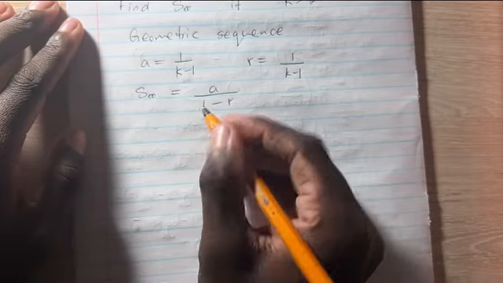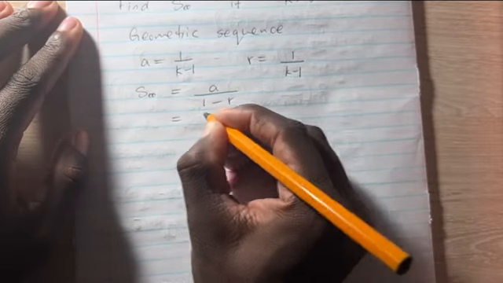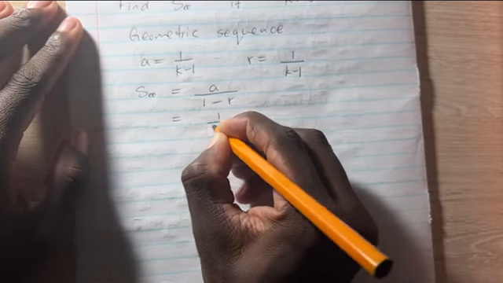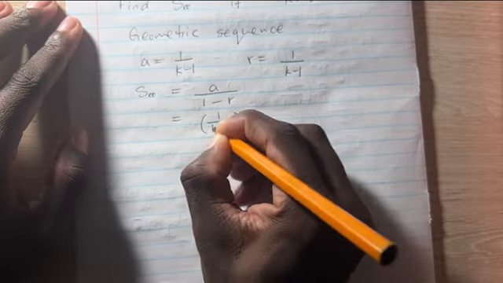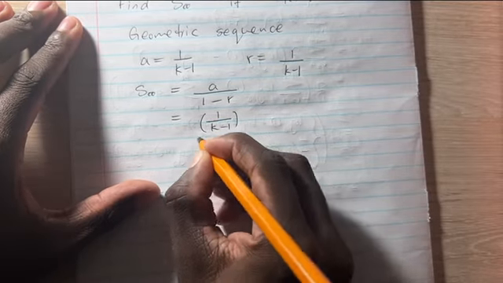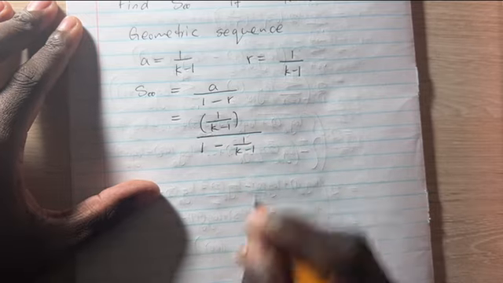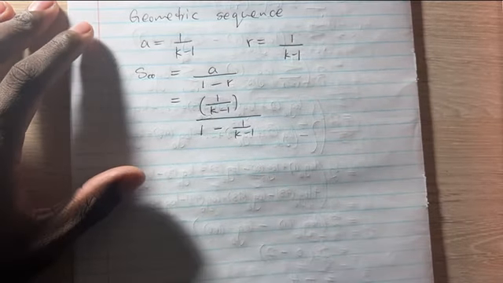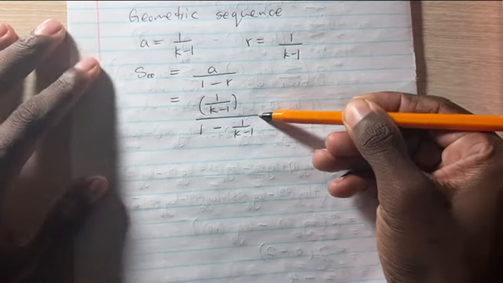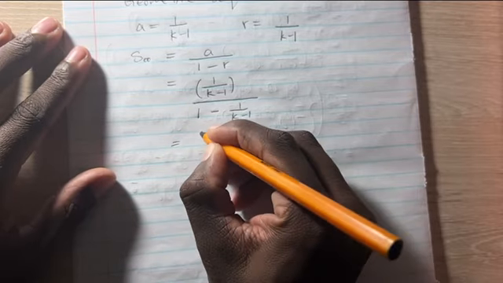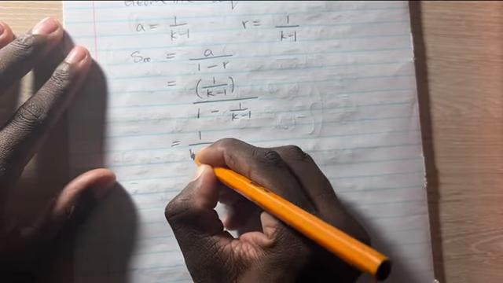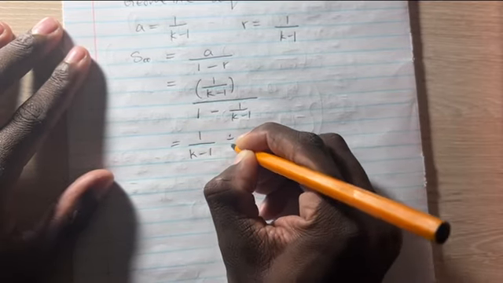So to find the sum to infinity, we know our a is 1 over k minus 1, all over 1 minus 1 over k minus 1, right? I'm going to change this division line to be a division sign.